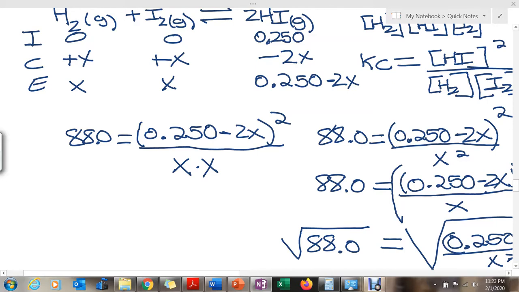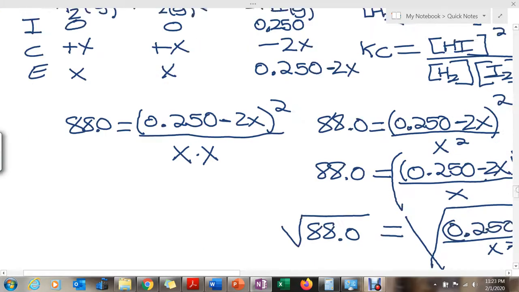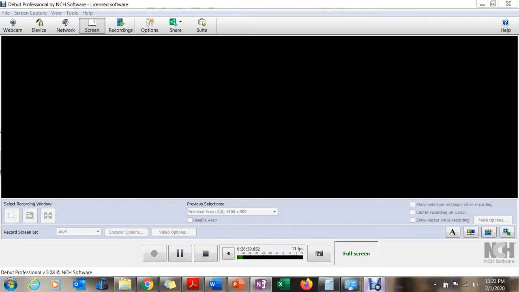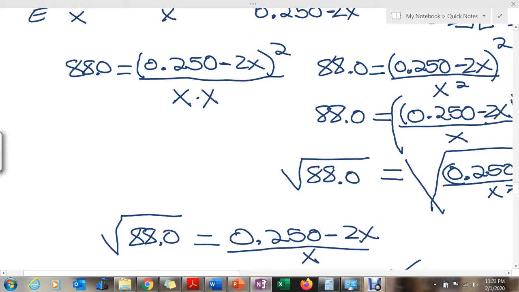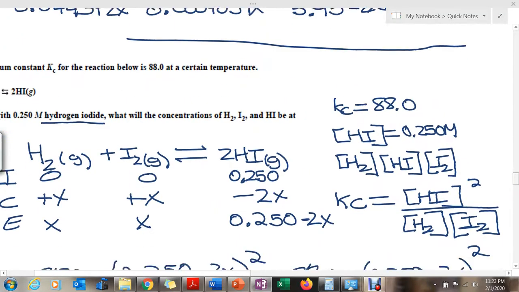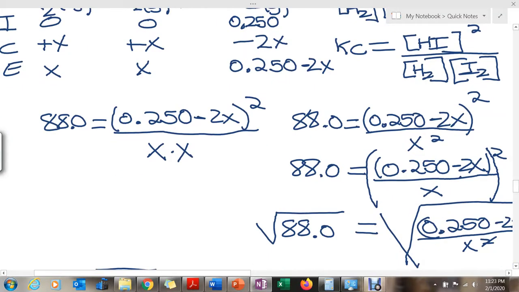So you're going to produce reactants, and it's minus 2x for the change, plus x here. So it's going to be 0.250 minus 2x, squared. What I did is plug in the equilibrium concentrations into the Kc expression.